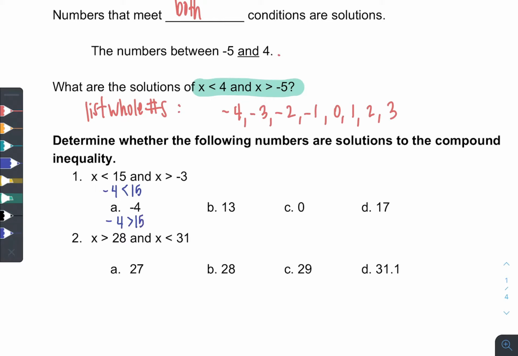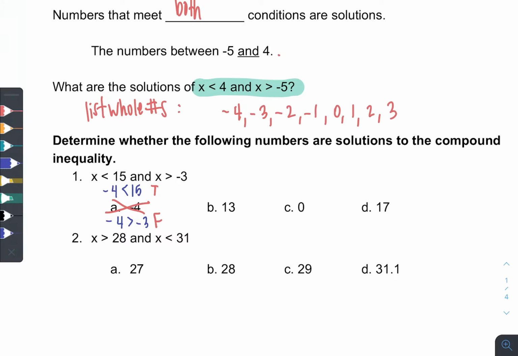It has to be true for both of them. So -4 is less than 15 is true, and -4 is greater than, oh wait, I didn't do that right. -3 should be this number here. -4 is greater than -3 is false, so A is not a solution.